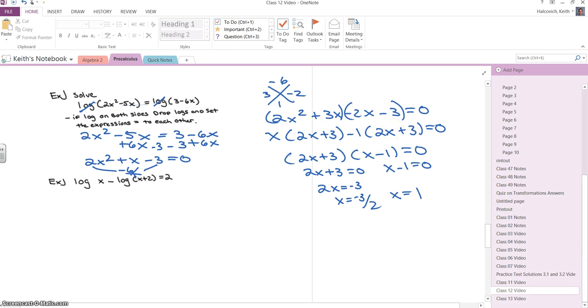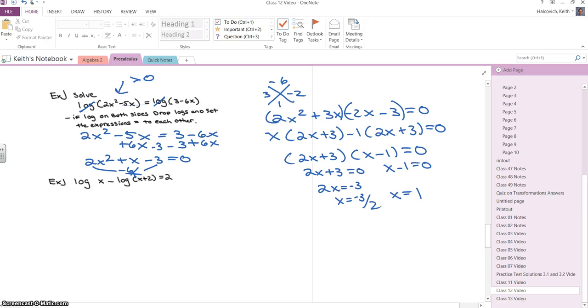Now you have to look, because remember, this is the answer to a logarithm, right? And remember, this will have to be greater than 0, because you can't raise a number to a power and get a negative number. So if I put 1 in here, will it make it positive?